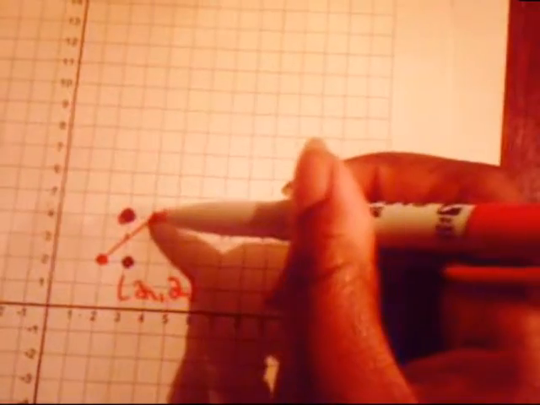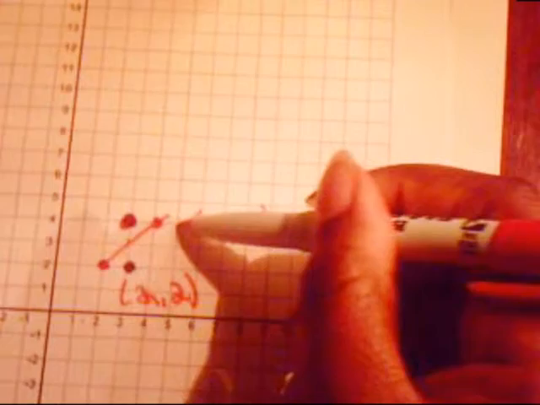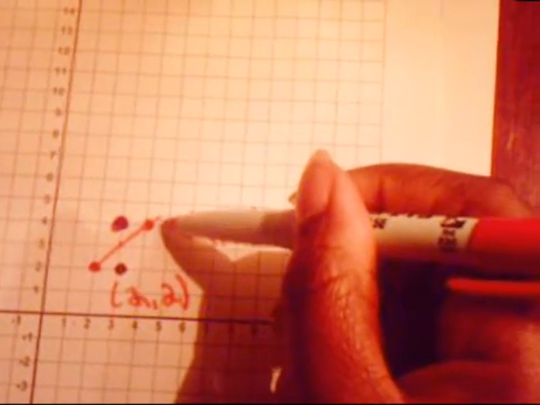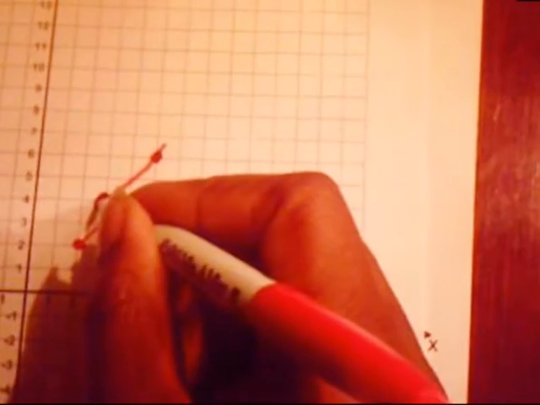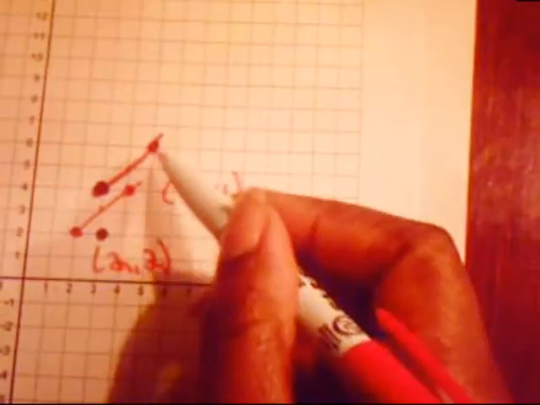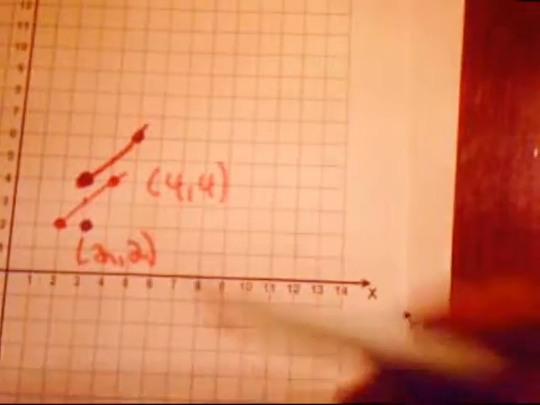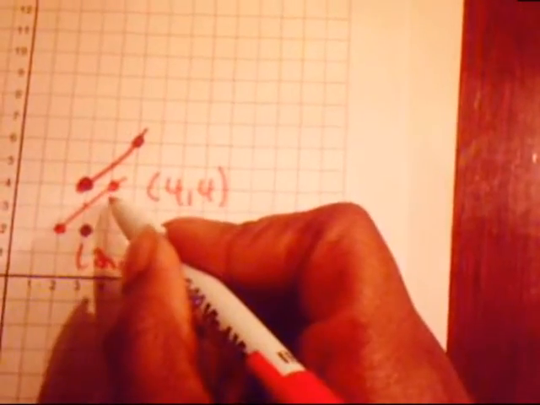Now let's take this point and move it 1 unit to the right, 2 units up. So where my coordinates used to be at 2, 2 and 4, 4, they are now at 3, 4 and 5, 6 by applying the translation rule. Okay? Because remember, guys, that translation is just a slide.